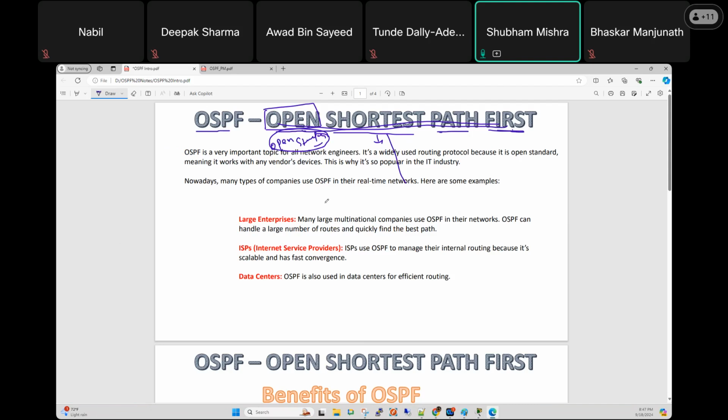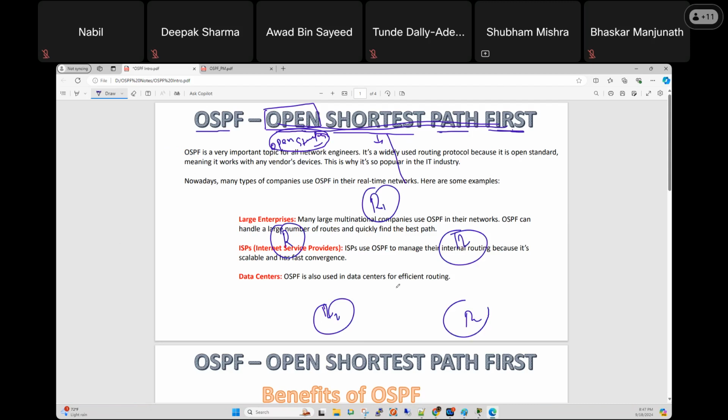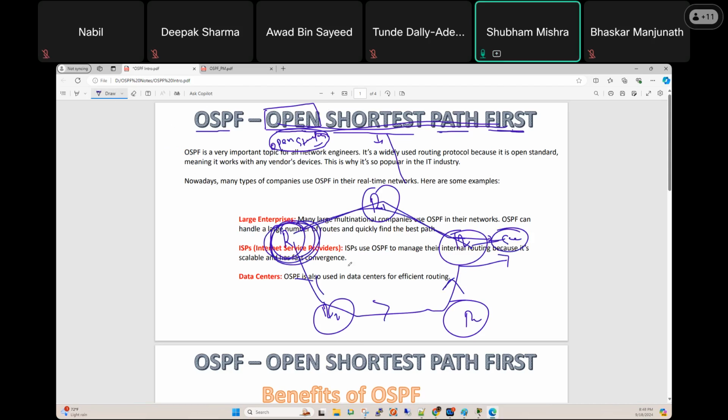But for example, this is the source, and if this router wants to reach this network, either it can reach like this, or like this. Yes or no, everyone? So this router needs to decide whether this path is shortest or this path is shortest.